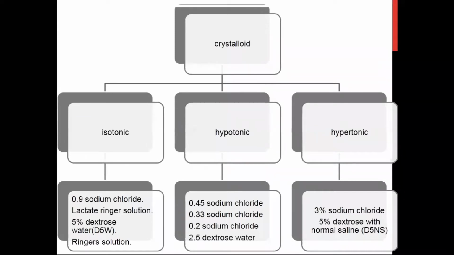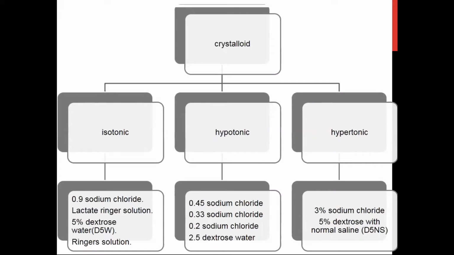The crystalloid يتقسم إلى 3 أقسام: isotonic، hypotonic and hypertonic، يعتمد على تراكيز السوليوت الموجودة بالفلويد.